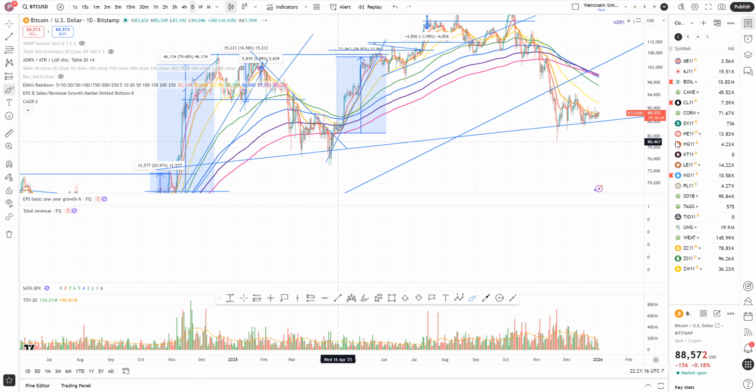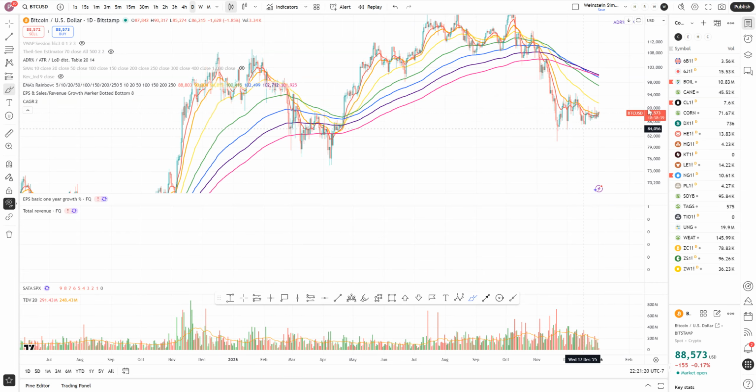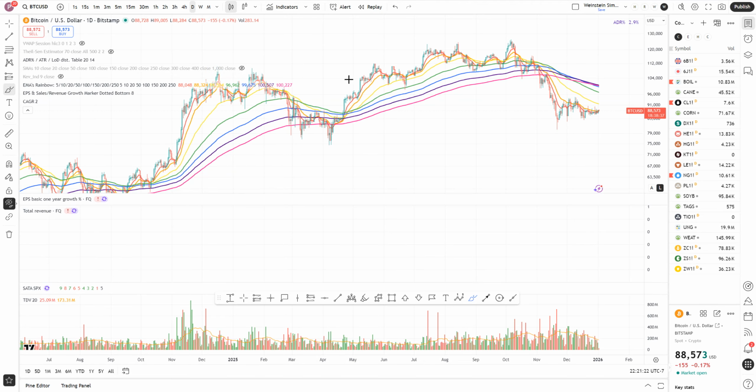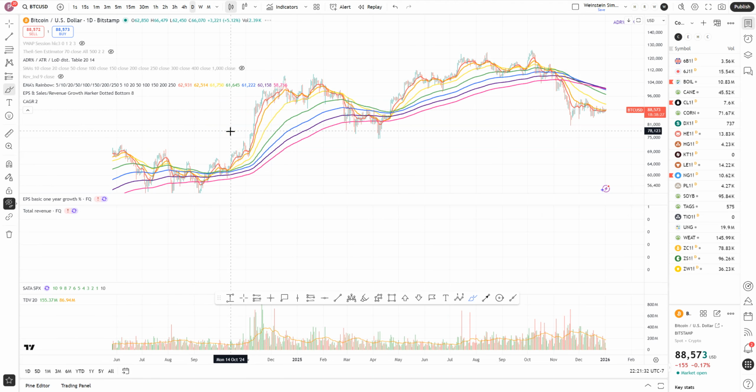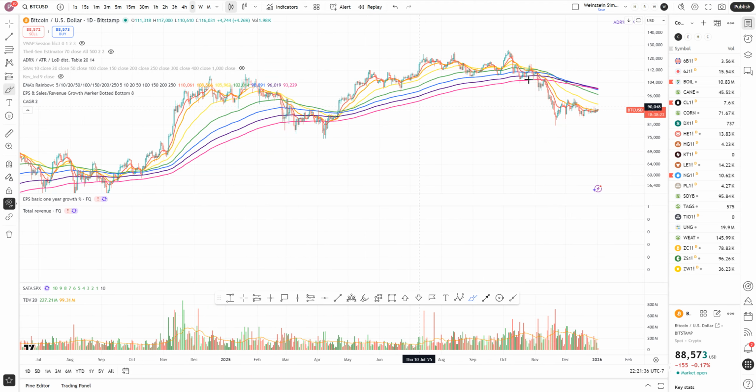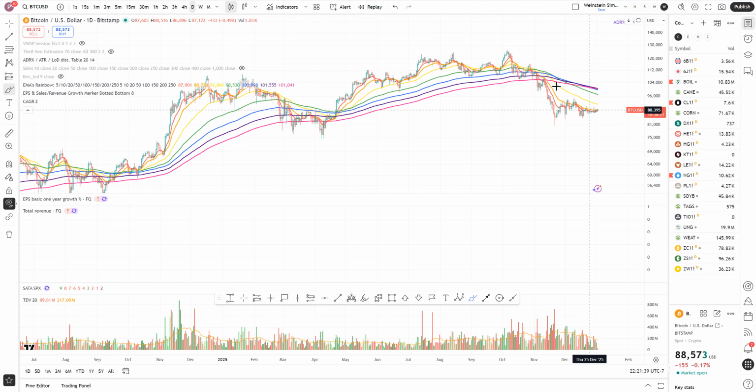So I should probably just check my drawings. Again, all these lines are just moving averages, just the average price over some period: 10, 20, 50, 100, 150, 200, 250, or something like that. But right now, it definitely looks bad being down underneath all of them.